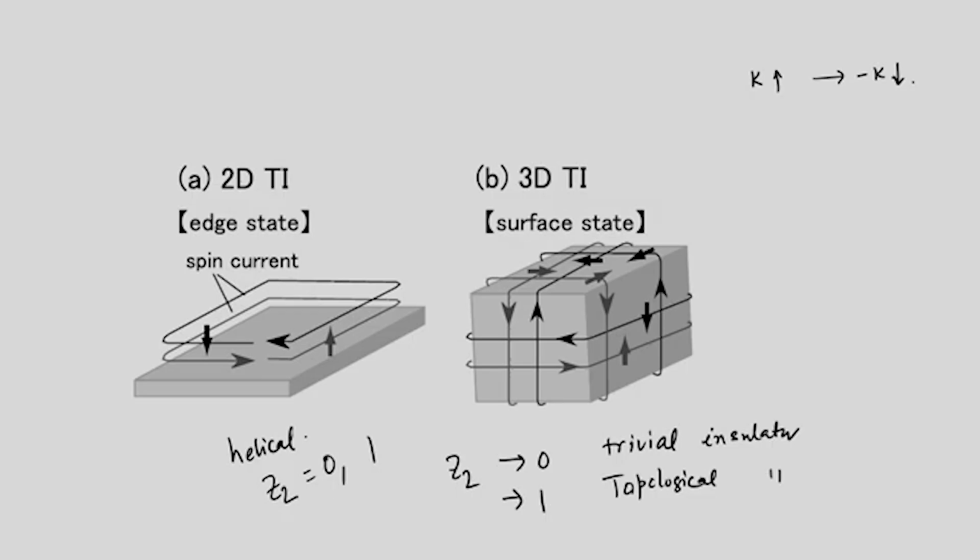And in particular, we can also assume that there is inversion symmetry or parity present in the system, and the calculation of these Z2 invariants becomes particularly simple when inversion symmetry is present. And in that case, we'll have a set of points which are called time reversal invariant points, and the presence of these time reversal invariant points makes things much easier.